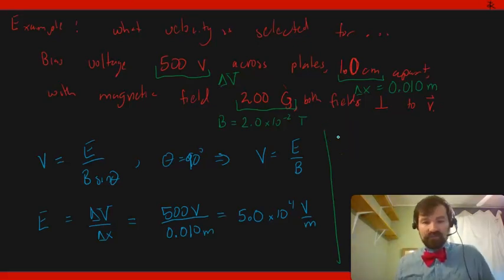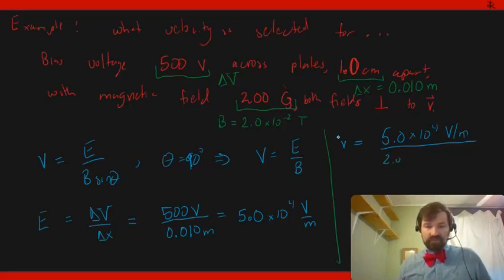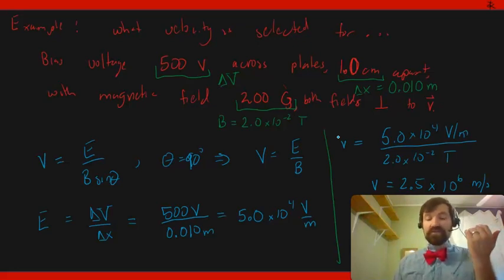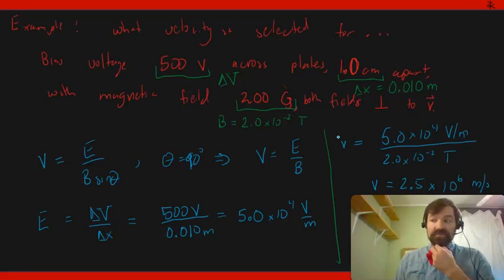Therefore, our selected velocity, little v, is E, that was 5.0 times 10 to the 4 volts per meter, divided by B, which was 2.0 times 10 to the minus 2 Tesla. And so my selected velocity comes out to 2.5 times 10 to the 6th meters per second. You'll notice that that is independent of the charge of the particle as long as the particle has non-zero charge. If the charge is 0, then this won't work anyway.